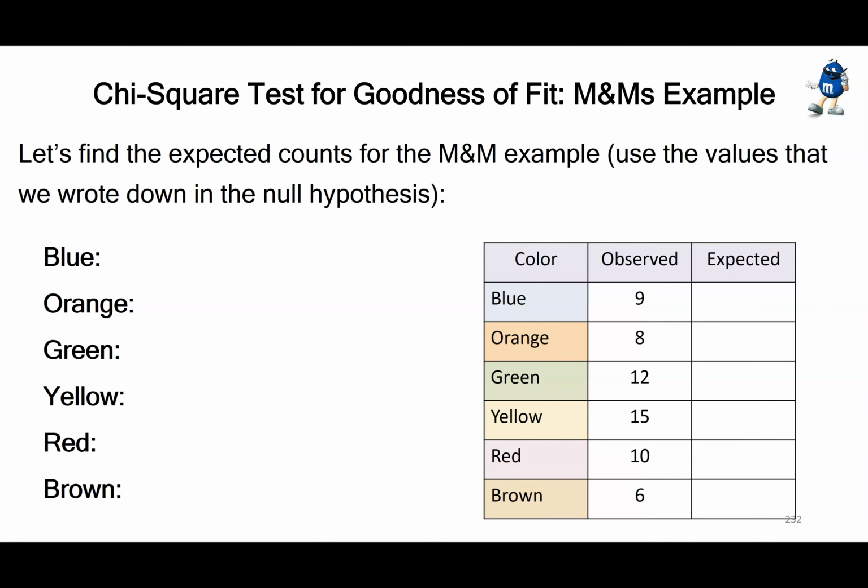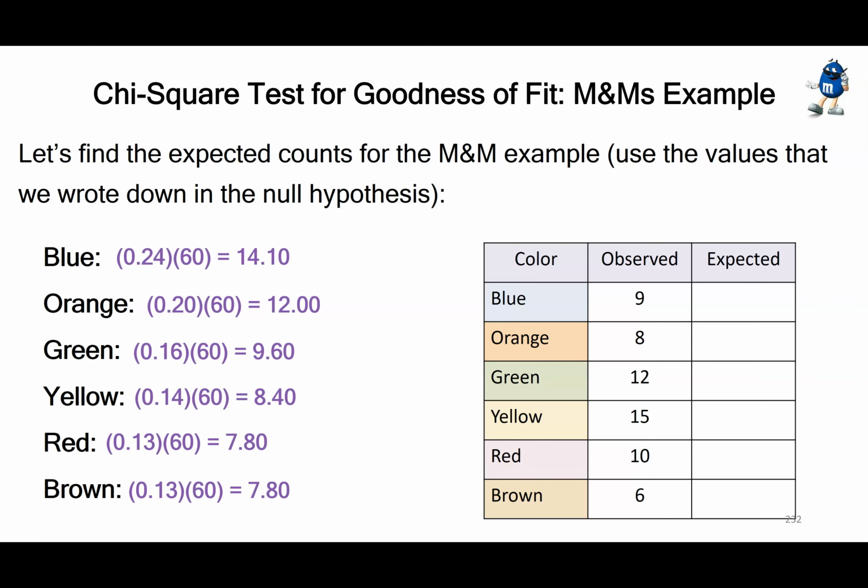So going back to the M&M example, we want to go ahead and find our expected counts. So I'm going to fill them in here. If I had 60 M&Ms and 24% are blue as claimed by the company, on average, I would have 14.1 blue out of 60.